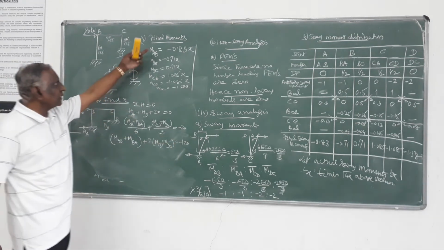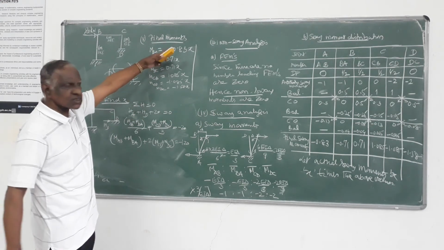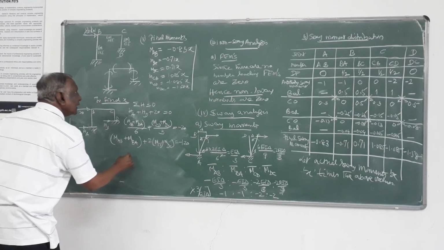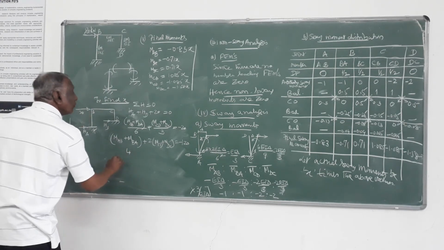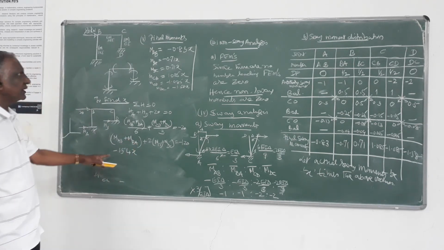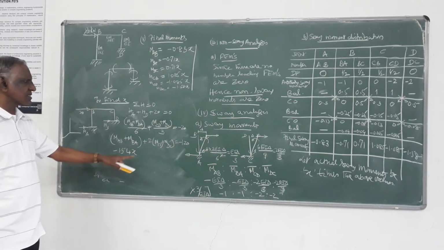So MAB plus MBA, you substitute this value, it is 0.83, 0.71, it is minus 1.54x.